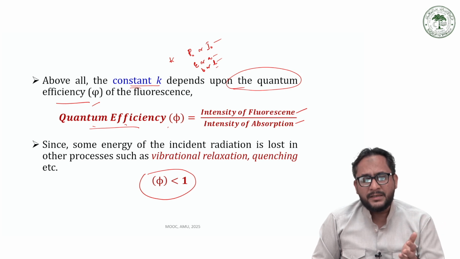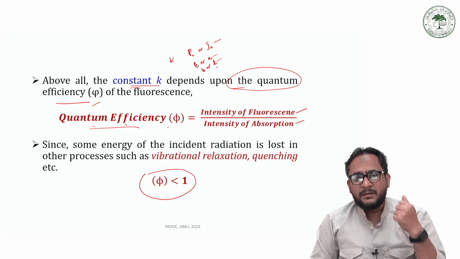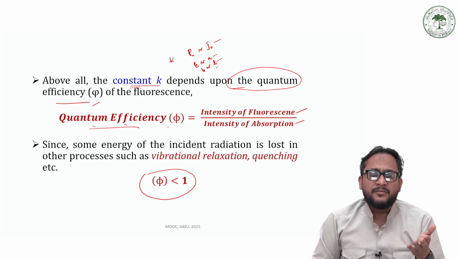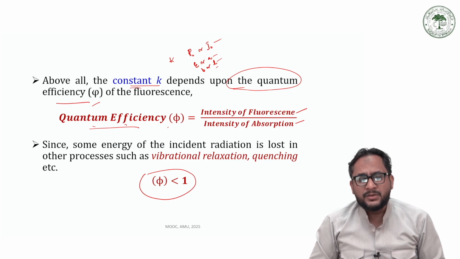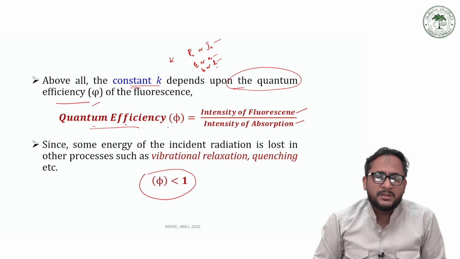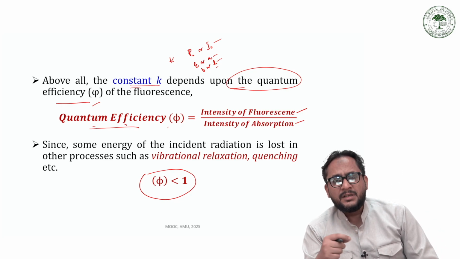When this light is absorbed, causing the sample to excite, some of the light radiations are lost in the form of non-radiative energy loss via heat or kinetic energy due to vibrational relaxations or due to quenching, and the remaining energy only is emitted when the electron comes back.